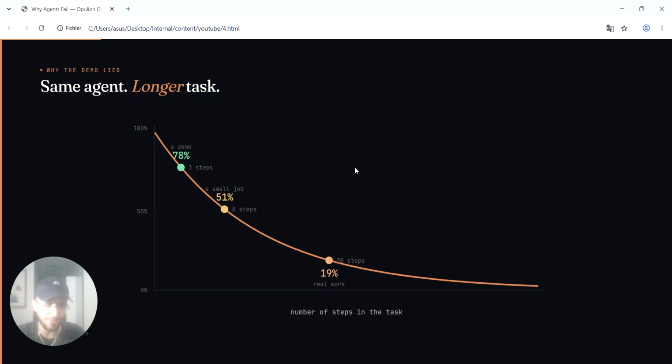But now let's make it even more like an actual production system. Let's say 40 steps, and at that stage the reliability of the system drops to only 4%, which means the system is unreliable 94% of the time. Do the math here.